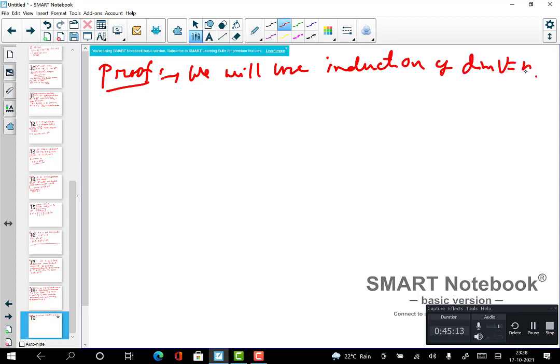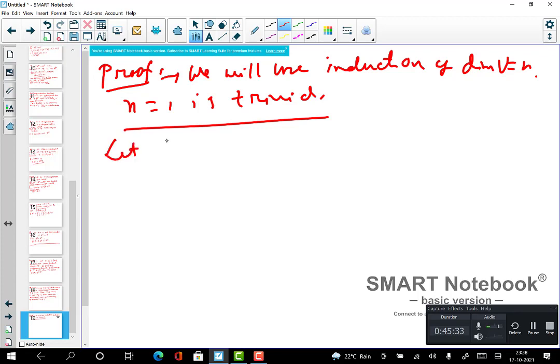For n equal to 1, everything is trivial. And we can assume that it is true for any vector space of dimension n minus 1. Now let us assume that T is a normal operator.